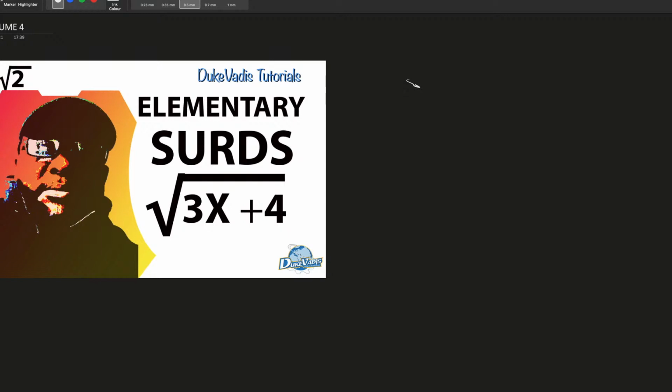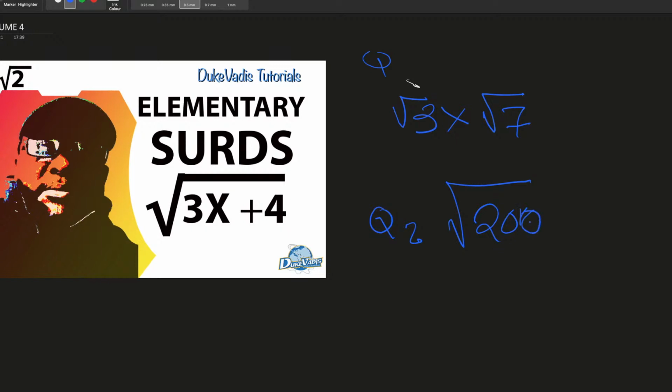Question one says root 3 times root 7. The second says simplify root 200.